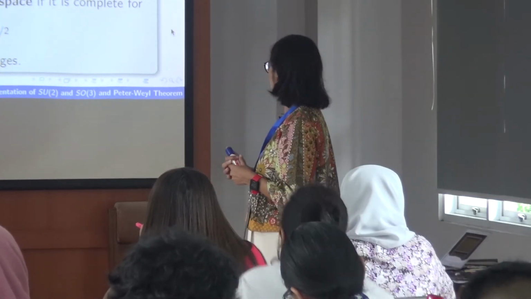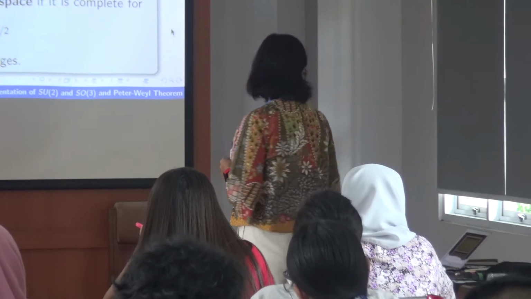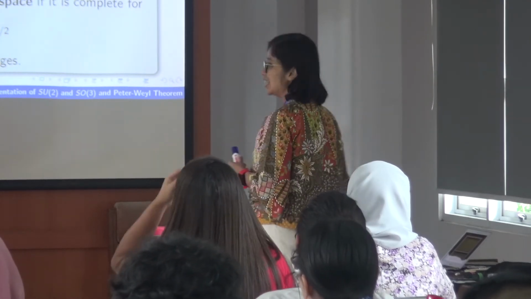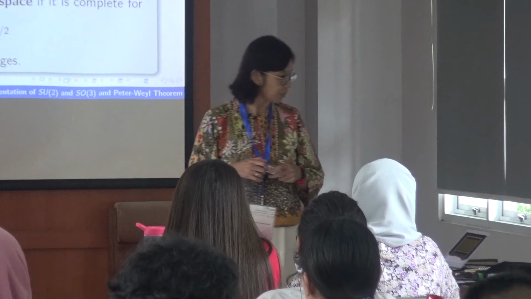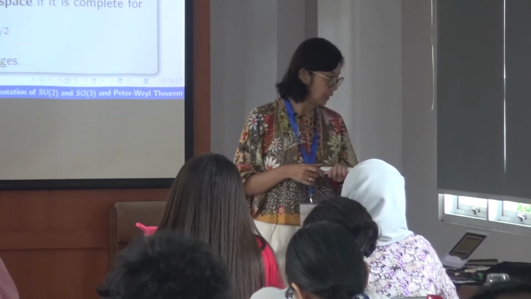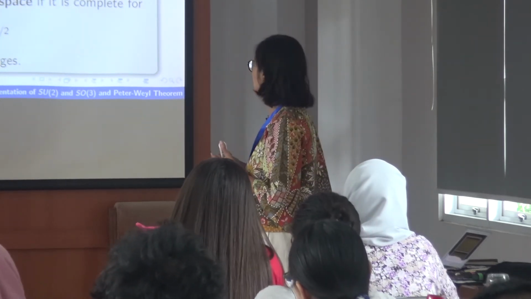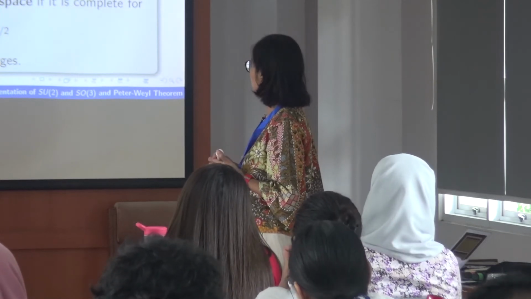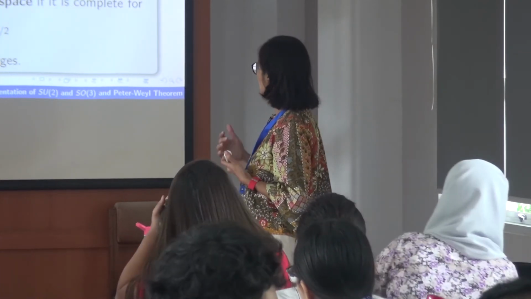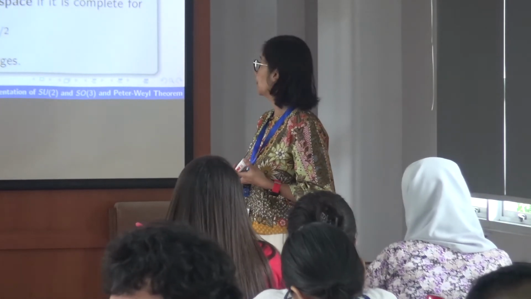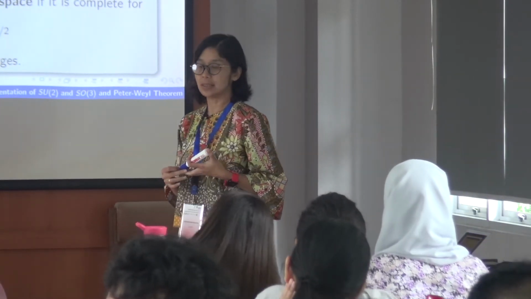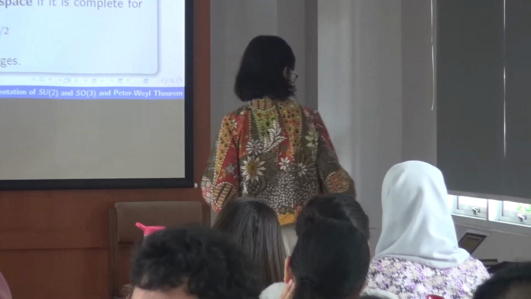Sorry, this should not be number 4, should be only 3. And an inner product space V is called a Hilbert space if it is complete for the norm induced by the inner product. Complete means every Cauchy sequence converges.